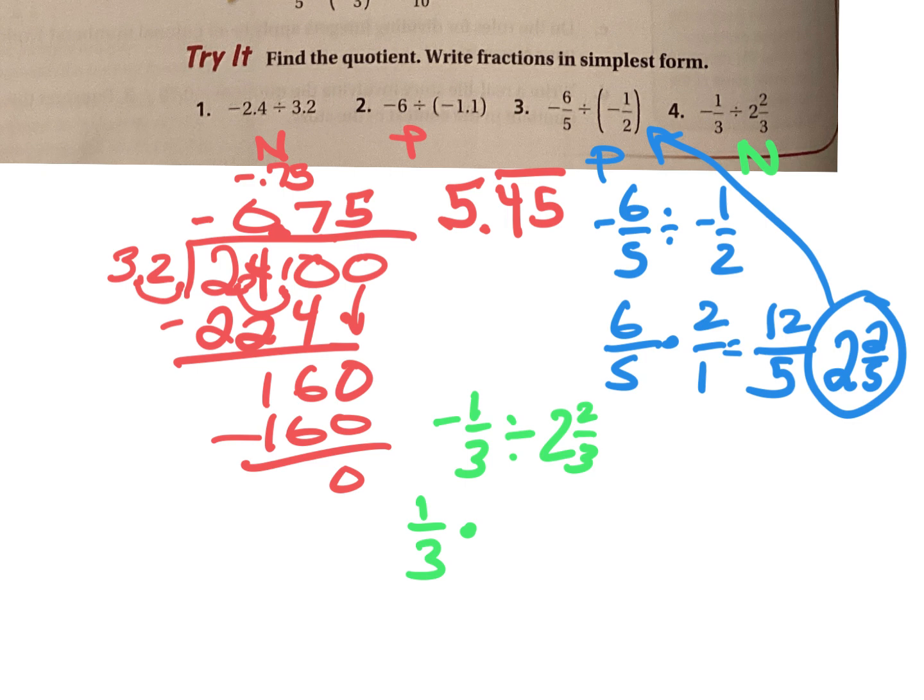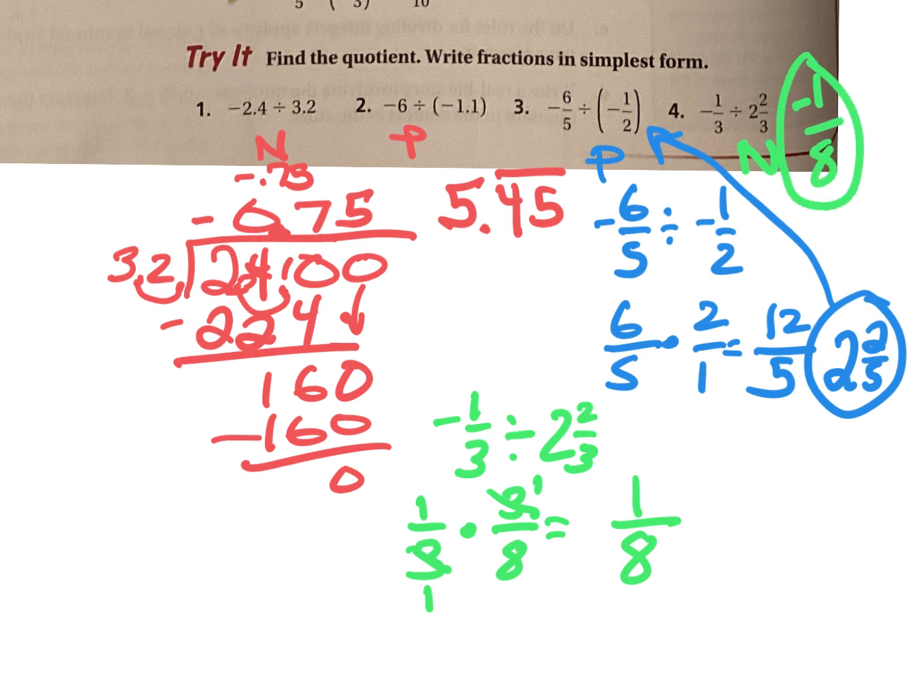And then this 2 and 2/3, I'm going to make into an improper fraction, so it's going to be 8/3. And then I have to flip the 8/3, so it's going to be 3/8. And then I could divide this side by 3 and this side by 3, cross simplify. And then it's 1 times 1 is 1, and 1 times 8 is 8. And I know it's a negative, so -1/8 is my answer.